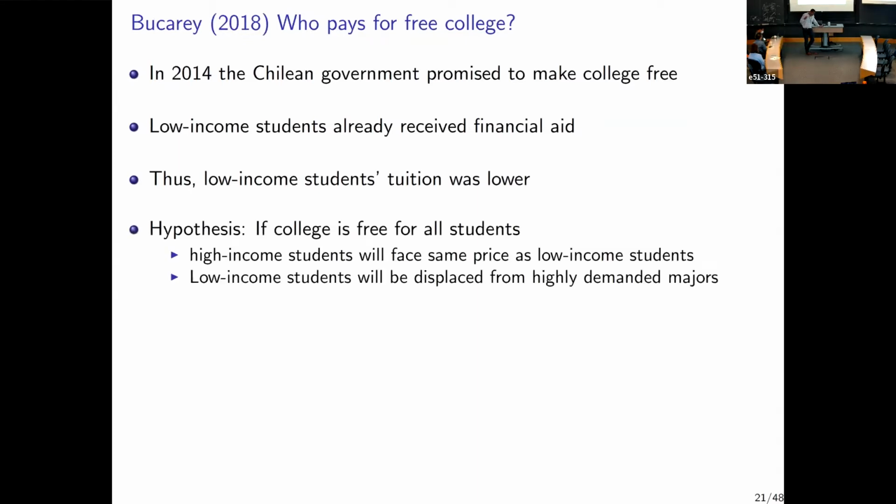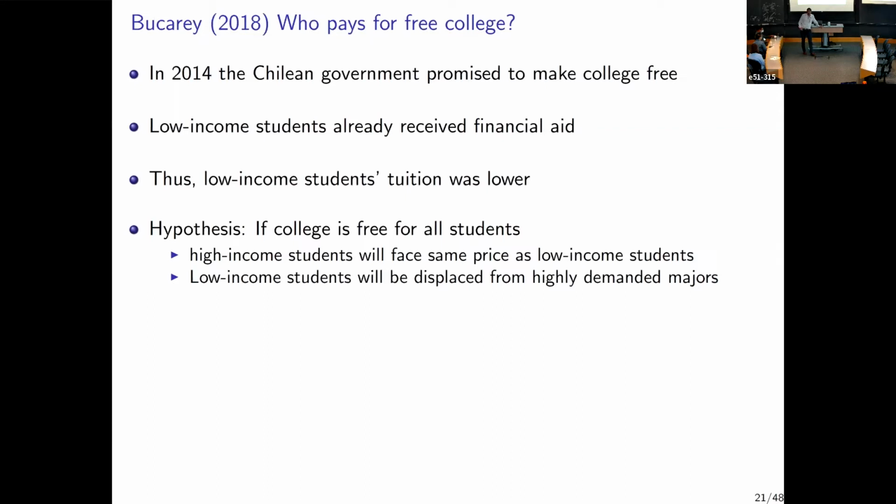So one hypothesis is that this may look great, but if college is free for all students, now high-income students will face exactly the same price as low-income students, which is 0. And maybe the high-income students test better, and they are going to therefore get better priority for good colleges, good programs. And that means that in effect, they're going to end up displacing low-income students.